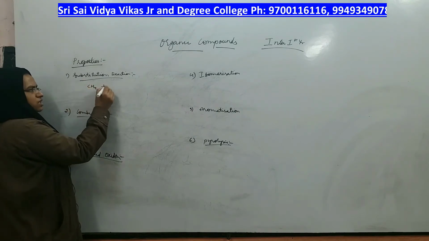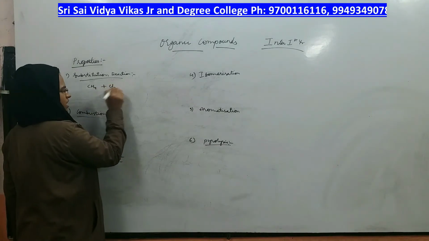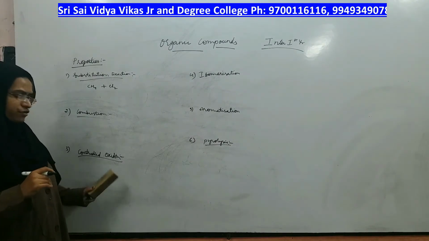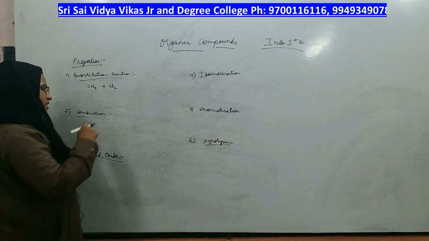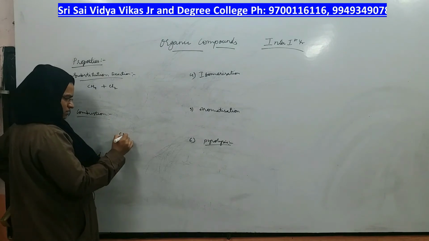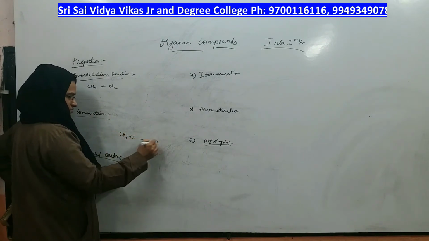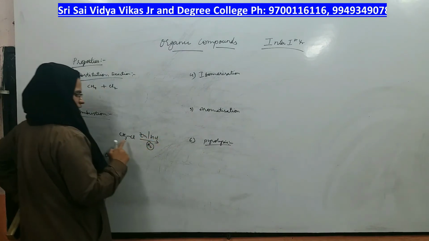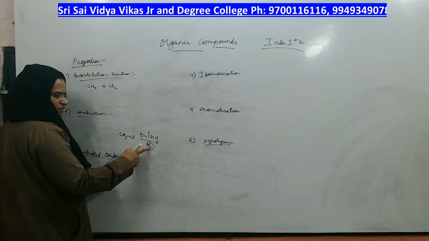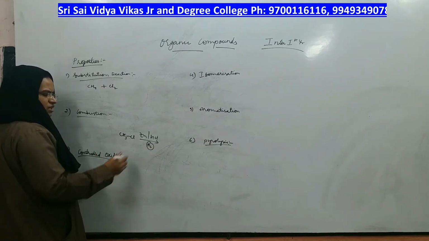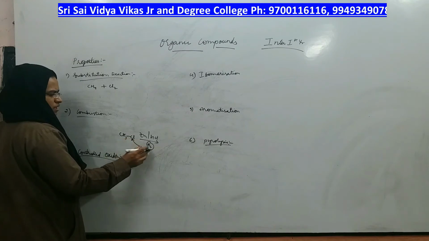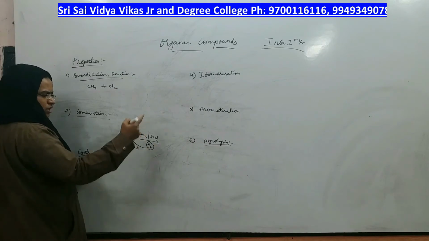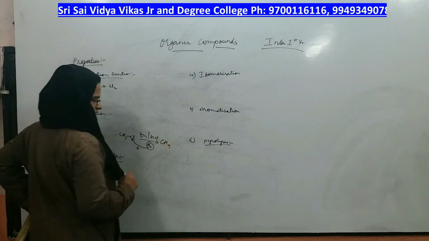If methane is undergoing substitution reaction, if you remember, in the preparation of alkanes from alkyl halides, we have done that reaction. What was that reaction? If alkyl halides react with hydrogen gas as the reagent, substitution was taking place by hydrogen, and hydrogen was taking the place of chlorine to give you alkane, right?